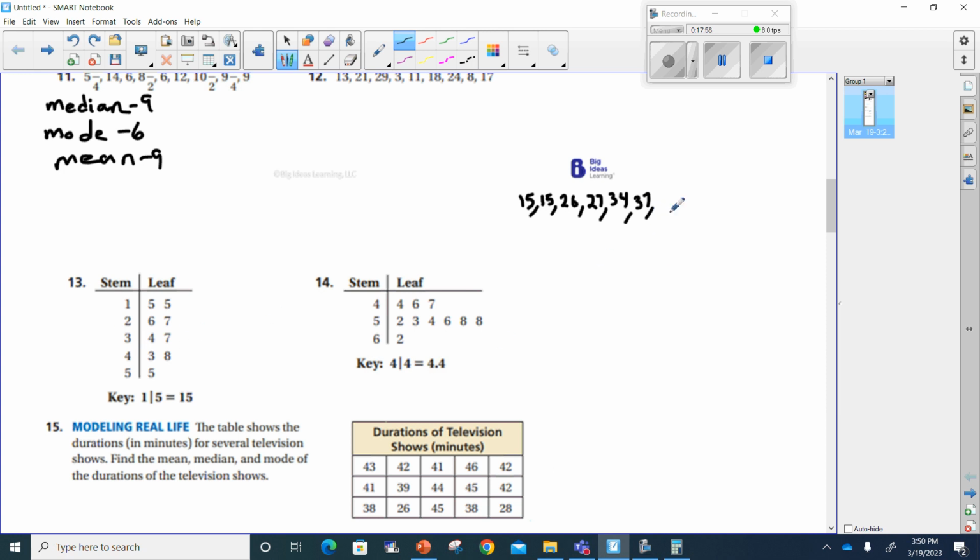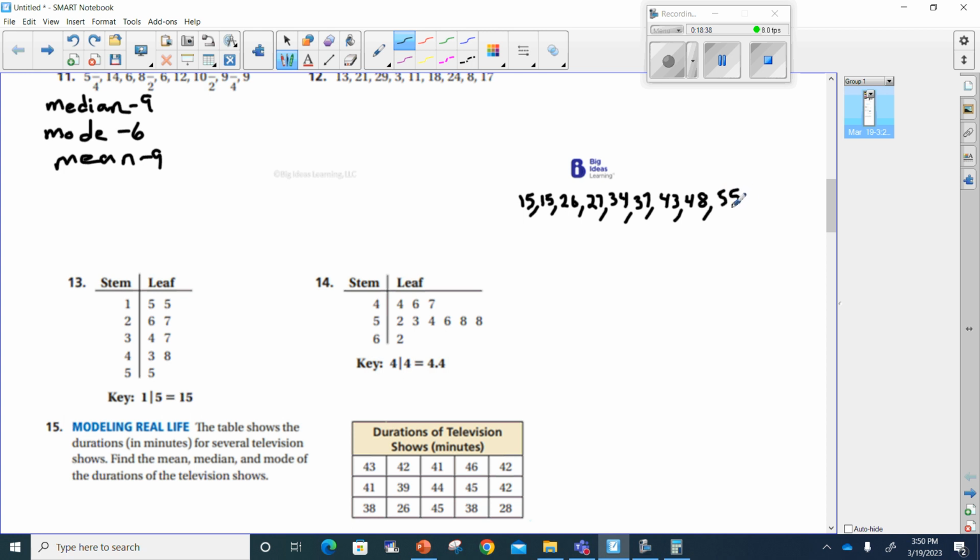And we got 43 and 48. I'm sorry, that's 43 and 48. I don't know why I made an extra 8 there. All right, and then it's 55.